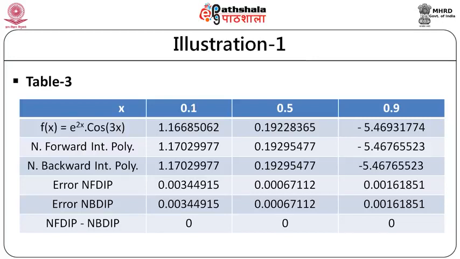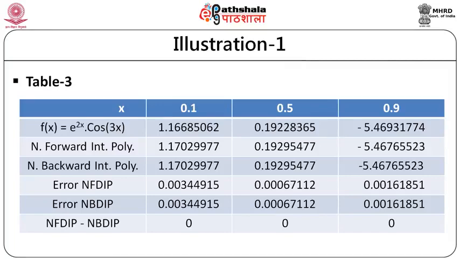What I am trying to do is find the error by Newton's forward difference interpolating polynomial, that is this minus this. So, this minus this gives me an error of this order. You can see that the error is quite small. Even the error of Newton's backward difference interpolating polynomial is exactly the same as for the forward difference interpolating polynomial.